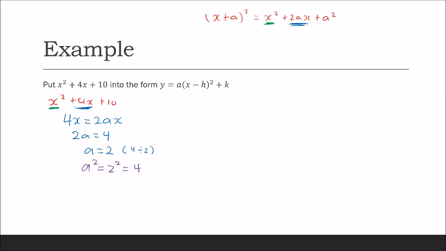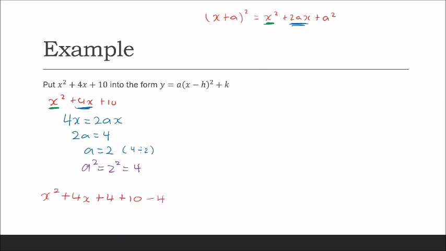If I put that into this equation so that I actually had an a squared, I would have x squared plus 4x plus 4, and then I keep my plus 10. But I can't just add in a 4, because then I'm just adding in numbers, and that makes this equation different. So if I'm adding in 4, so that I'm not changing anything, I have to minus 4 away.